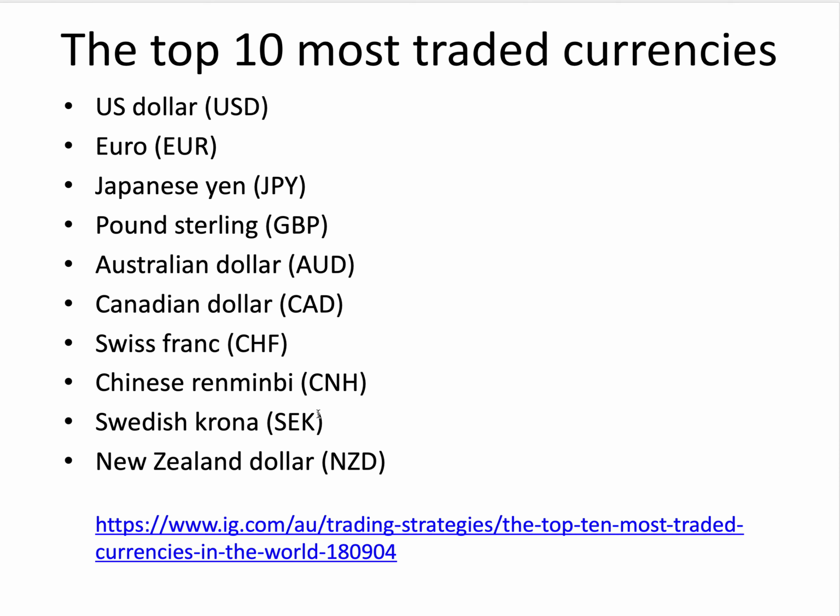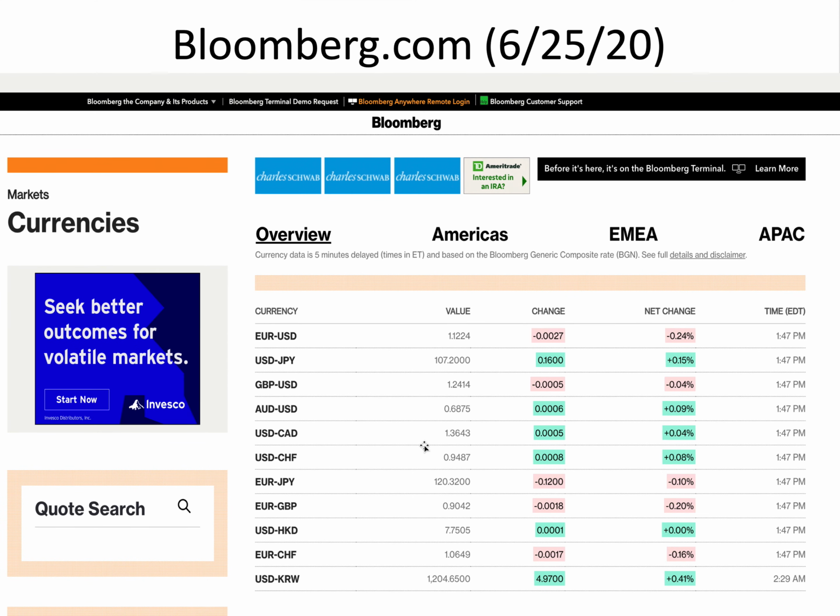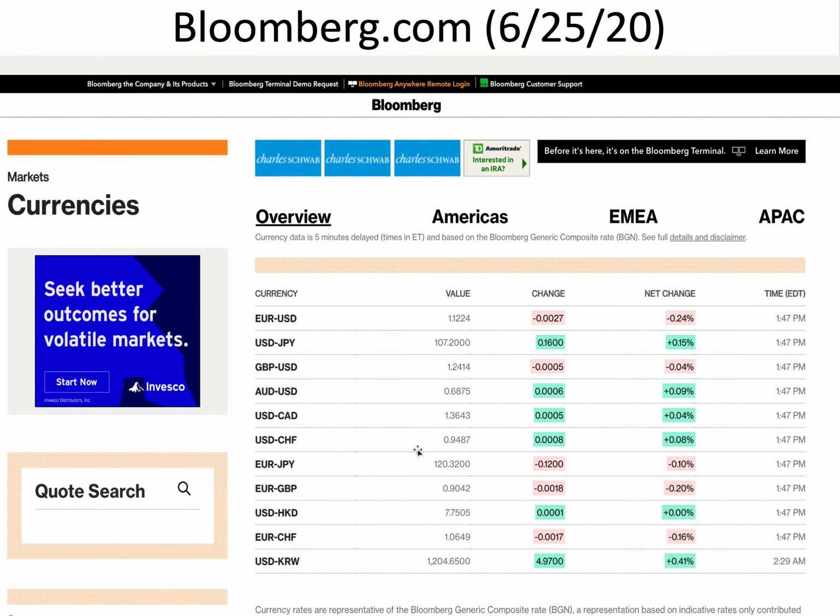Then Swedish krona, SEK, and New Zealand dollar, NZD. And here, euro, British pound, Australian dollar, New Zealand dollar, those 4 are direct quote. All the rest, another 4 or 5, are all indirect quote. That is true here where I'm using Bloomberg's quotes from 2 weeks ago. Now using those quotations, base versus quoted.